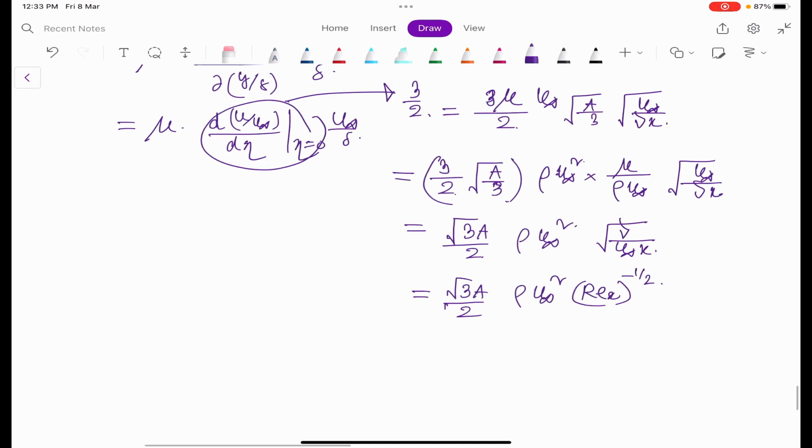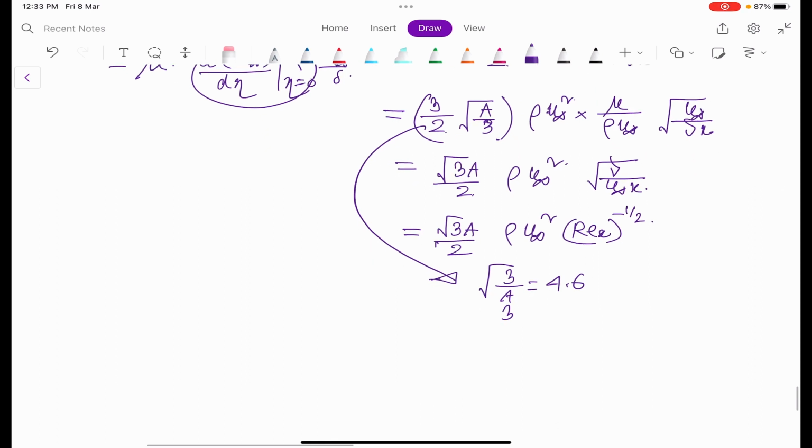okay. And you know that this value of root 3 by a is 4.6, then 3 by 2 into 4.6 is what, 3 into 2.3, right. So 6.9, right.